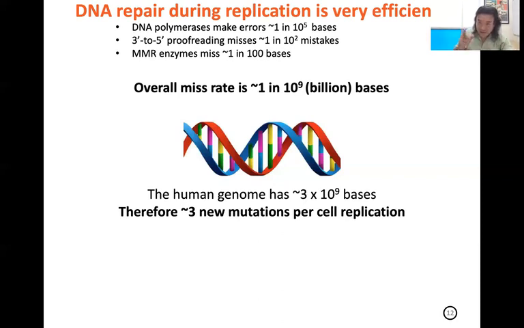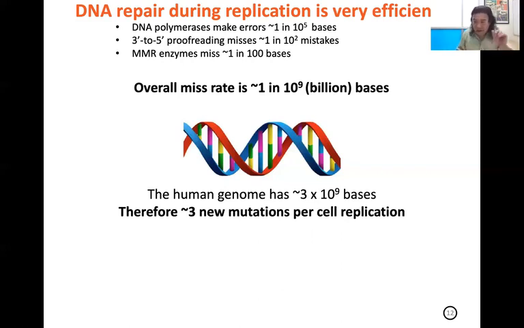But I want you to consider this. That is in just one cell undergoing replication. Think about how many billions of cells in your body are replicating right now, all of your stem cells.